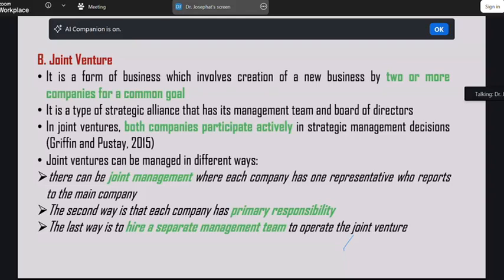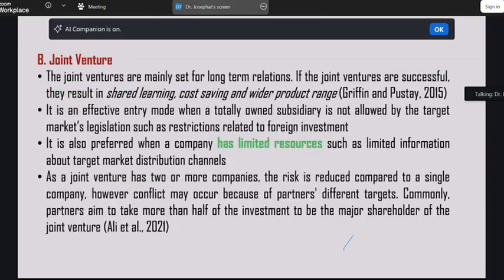They can be joint management, where each company has one representative who reports to the main company. The second way is that each company has a primary responsibility. The last way is to hire a separate management team to operate the joint venture. Joint ventures are mainly set for long-term relations. If the joint ventures are successful, they result in shared learning, cost saving, and a wide product range.